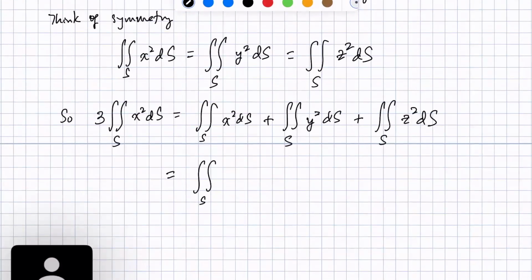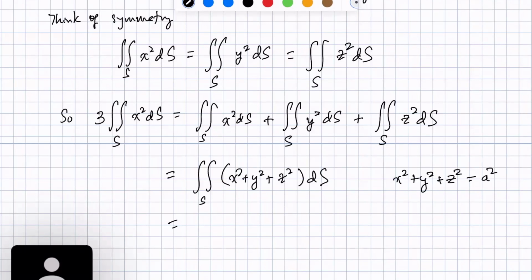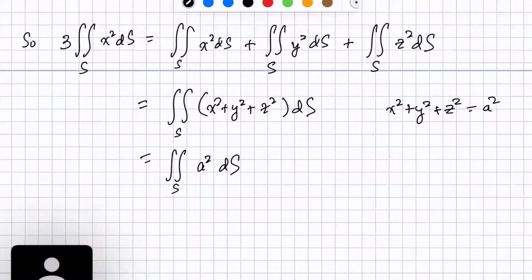And then I have x squared plus y squared plus z squared dS. Now the thing is, I'm on a sphere of radius a, so x squared plus y squared plus z squared is actually a constant, a squared. And so I can bring the a squared out, and then I just have a dS right here.